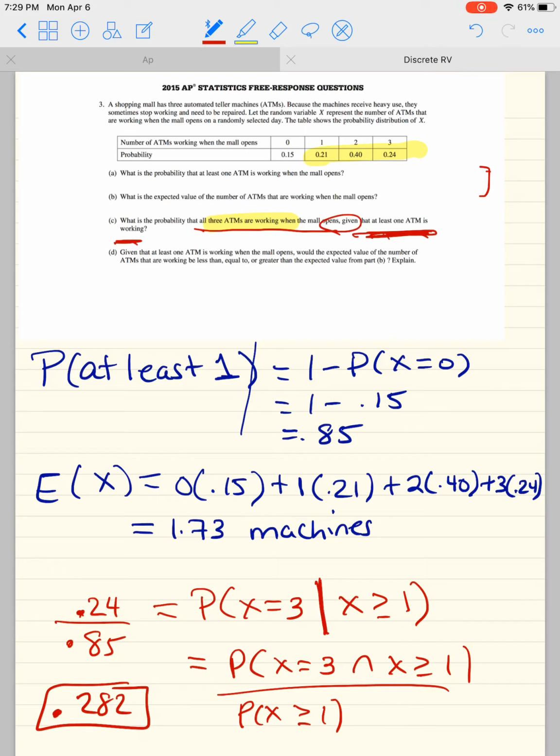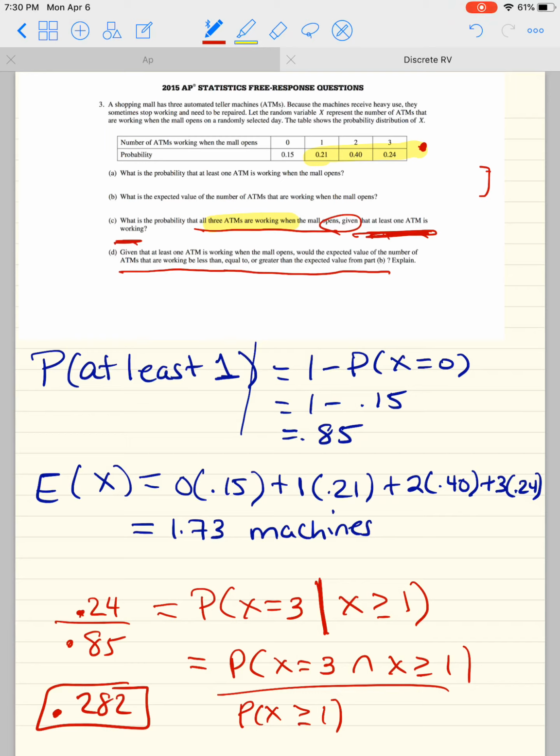And part D is, you're going to have to remember that this probability distribution must add up to 1 in order for us to work. Now, it says, given that at least one ATM is working when the mall opens, would you expect the value of the number of ATMs that are working to be less than, equal to, or greater than the expected value from part B?